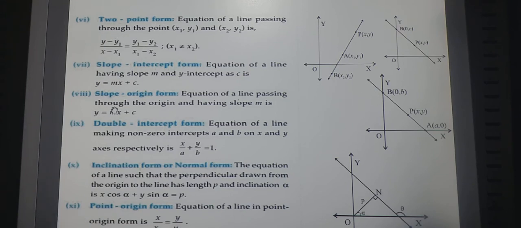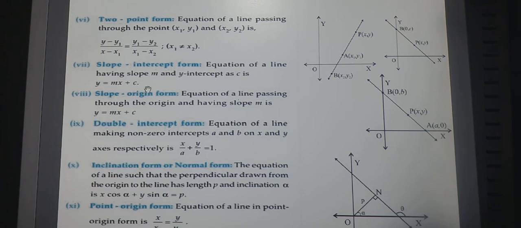Then next is the slope-intercept form. So if slope is given, and here the intercept must be the y-intercept. If in the problem the intercept is not mentioned, then we have to consider that the intercept is the y-intercept. The equation of a line having slope m and y-intercept c is y equals mx plus c.